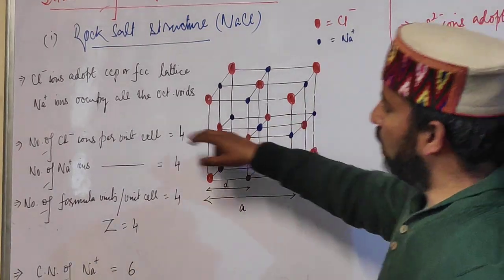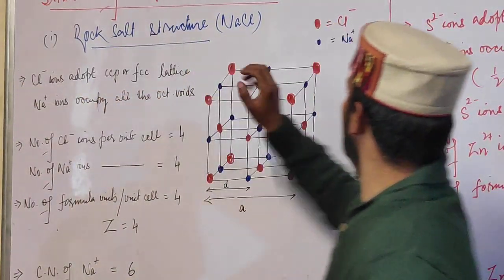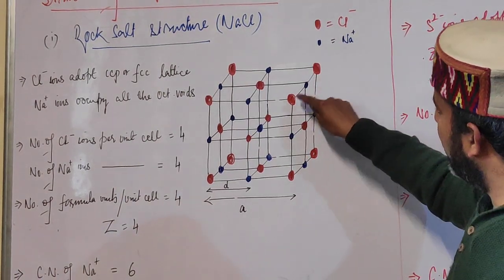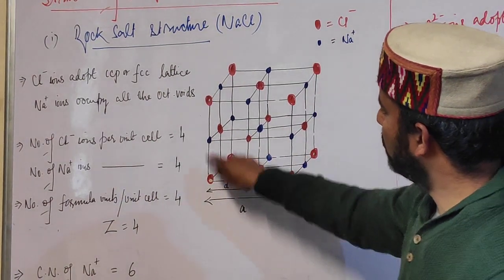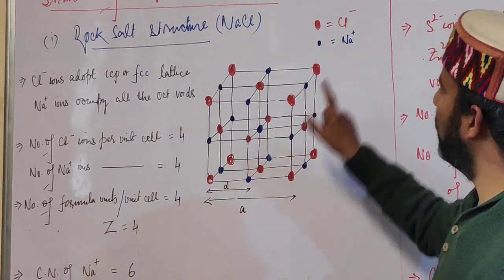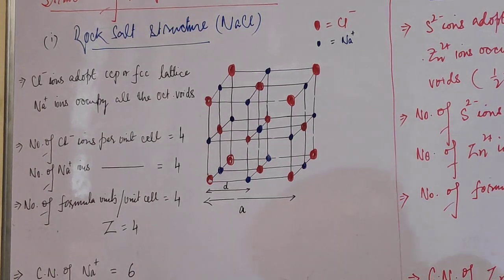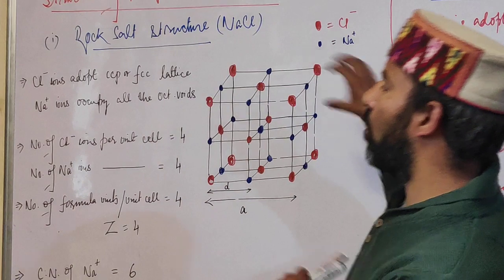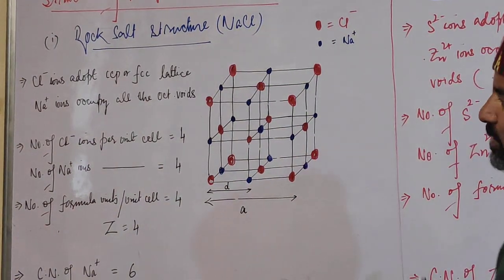So here I am representing chloride ions by a red dot. So we have chloride ions at the corners, and then we have chloride ions at the face centers. Now students, sodium ions occupy all the octahedral voids. So sodium ions kahan hai?